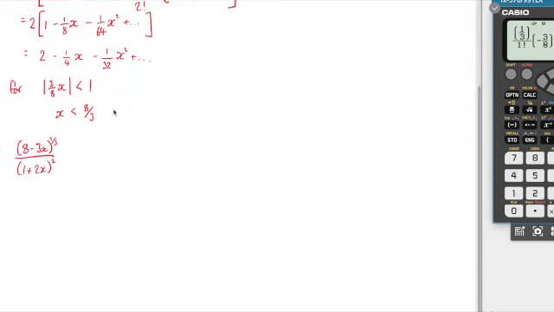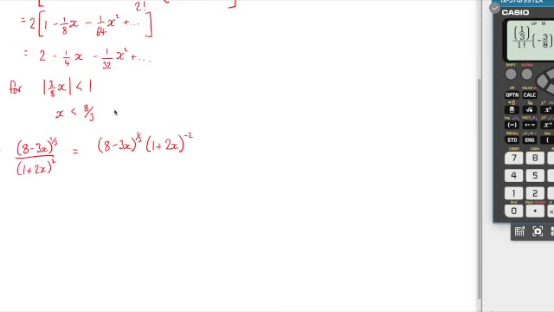Okie. So let's get a full page. So this, we could rewrite this as 8 minus 3x to the third multiplied by 1 plus 2x to the minus 2. We want the x squared term, so what are we going to need from that? We're going to need the constant term, the x term, and the x squared term. So we need the first 3 terms from this.